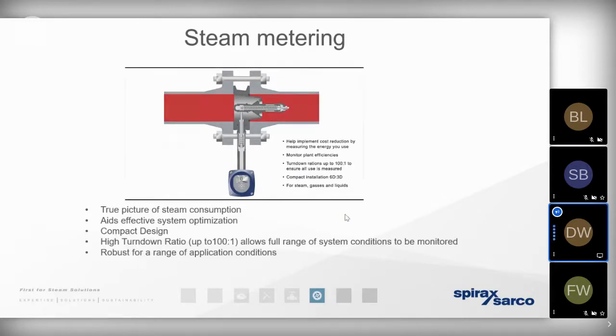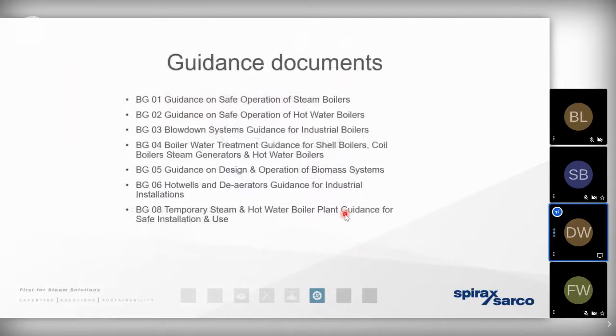So please remember those guidance documents written by the Health and Safety Executive. They focus on a number of key areas within the boiler house itself, for example the level controls, including the testing and supervision that is required on a daily and weekly basis, and also the various blowdown controls.